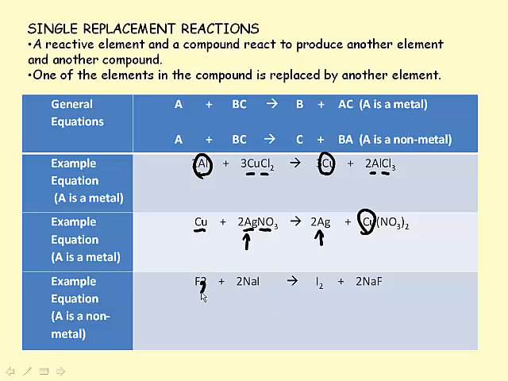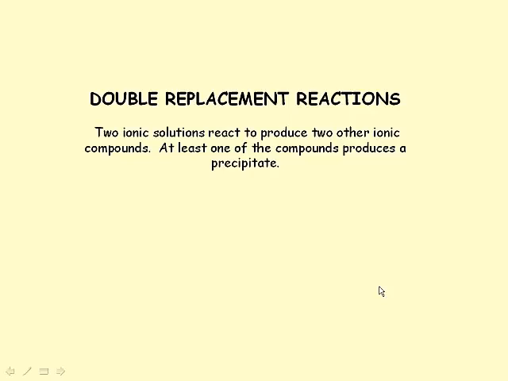Once again, this should actually be a subscript here, and we have the fluorine replacing the iodine in sodium iodide to form sodium fluoride. So that would be a single replacement reaction as well.